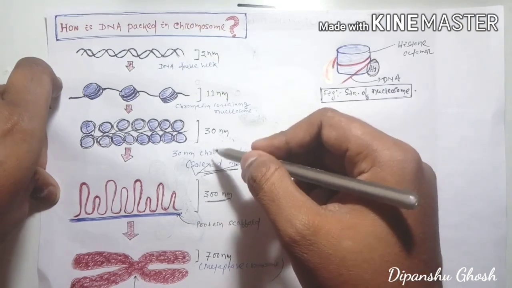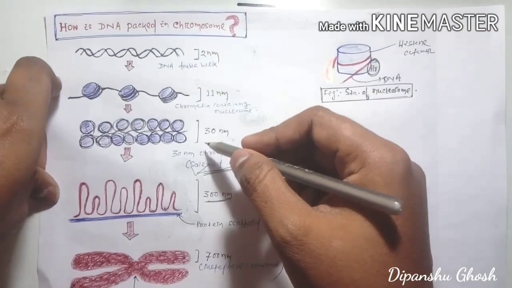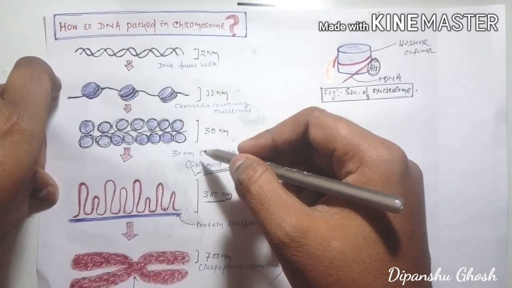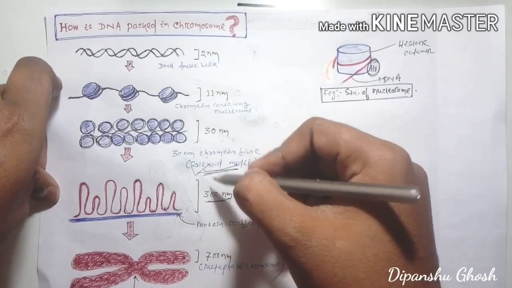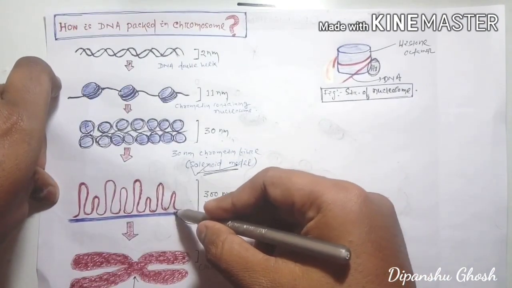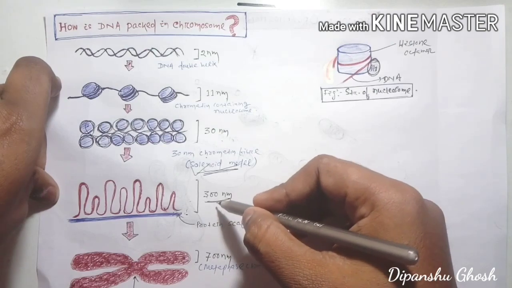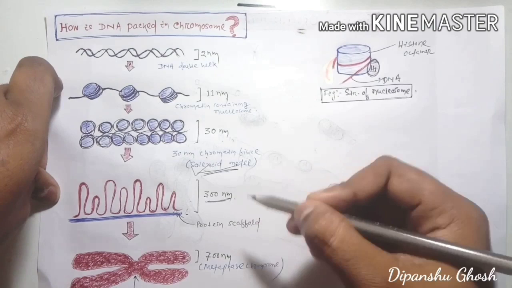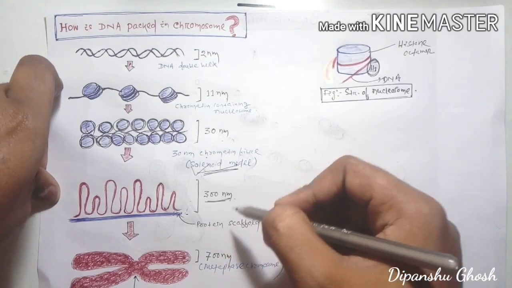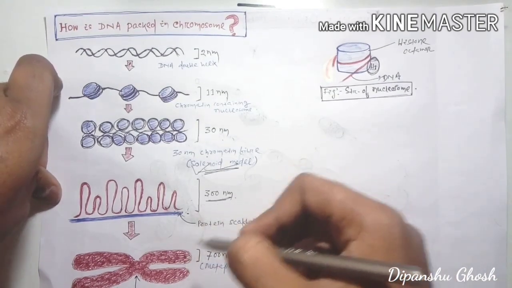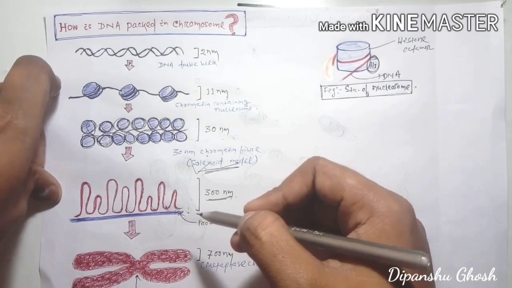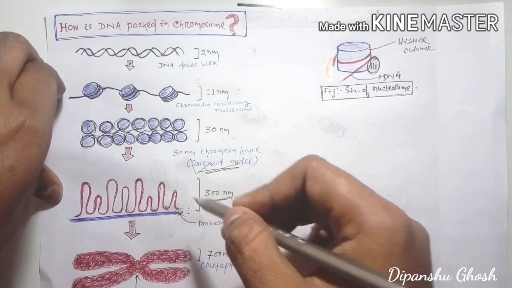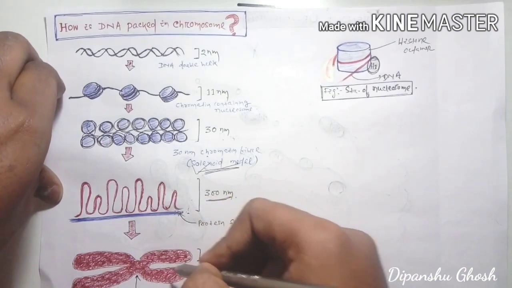In this process the solenoid chromatin fiber, or you can say the 30 nanometer chromatin fiber, is much more condensed with the help of the protein scaffold to form the 300 nanometer chromatin fiber. And in the next stage, this 300 nanometer chromatin fiber will be condensed more. They will be intermingled between themselves and coiled further to finally form this type of metaphase chromosome.